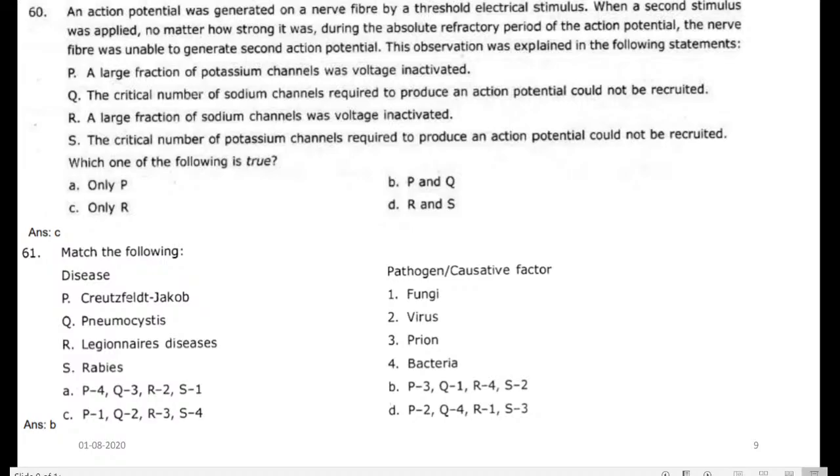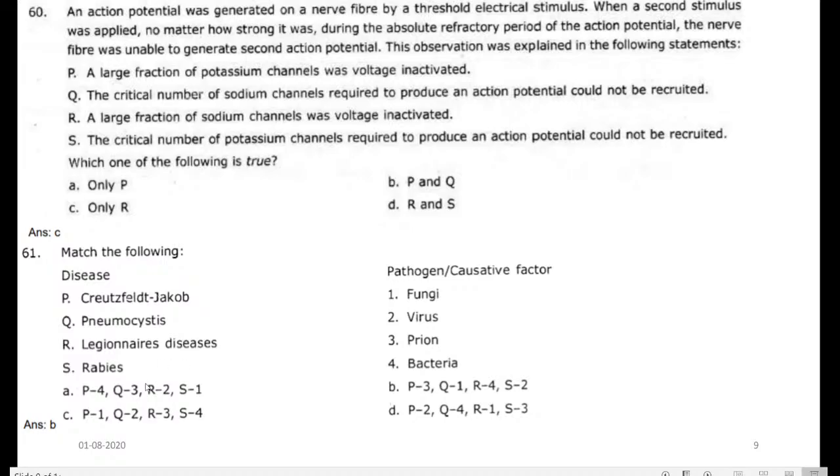Because a large fraction of sodium channels was voltage inactivated. So this inactivation causes the trouble, and the fiber is unable to generate a second action potential. This is the easiest method.